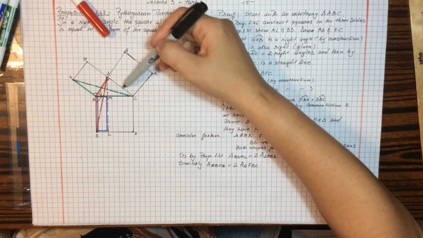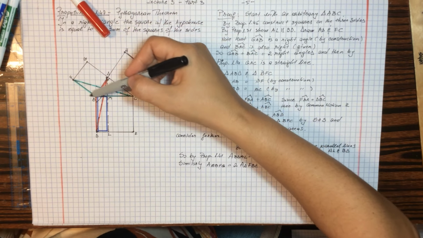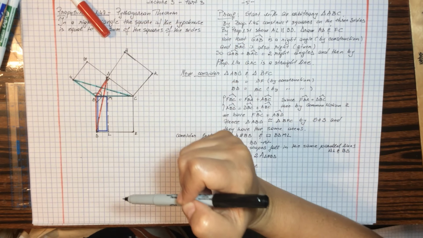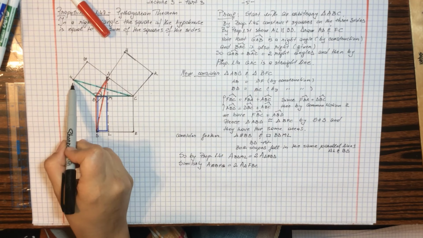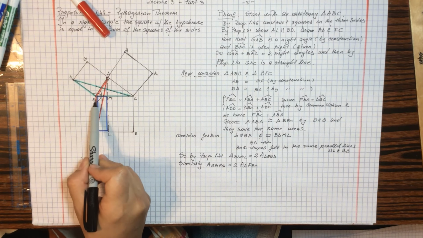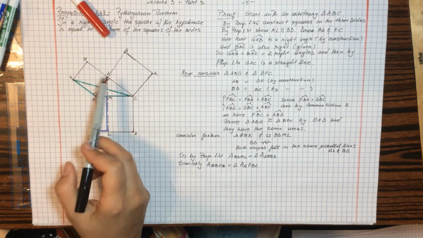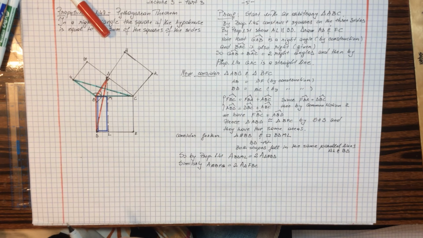So this is a straight line, this is a square, so the lines are parallel, and you have this square and this green triangle lying on the same parallels and having the very same base, the base BF. So by proposition 41, the square ABFG is twice the area of the green triangle.